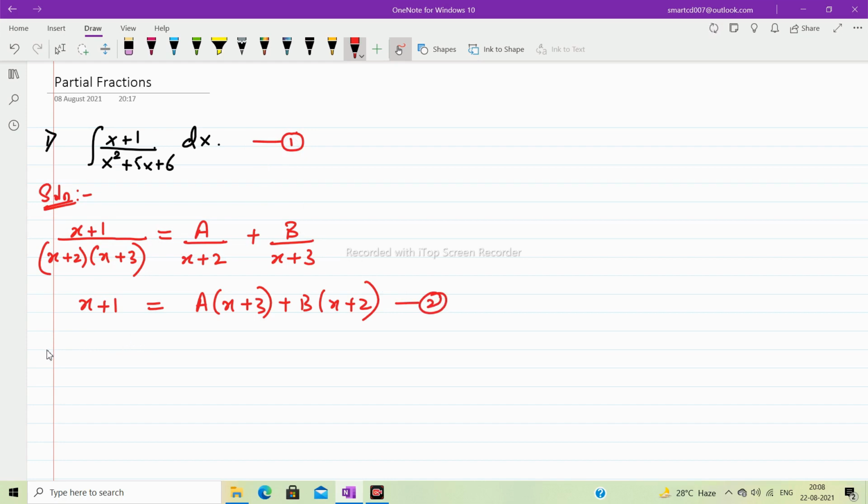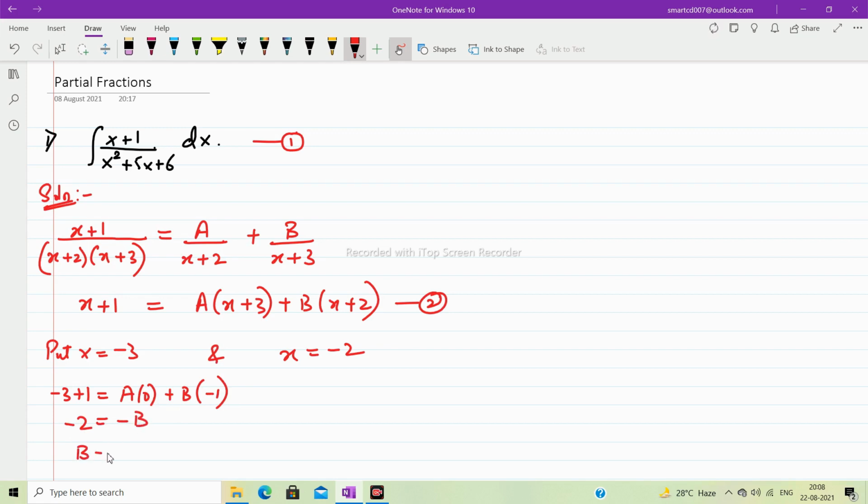So what I'll do is I'll put x as minus 3 once and I'll put x as minus 2. If I put x as minus 3, this will become 0, so I'll get the value of b. Minus 3 plus 1, which is equal to a into 0 plus b into minus 1. So this is minus 2 equals minus b.